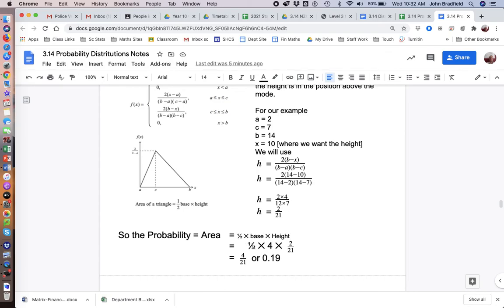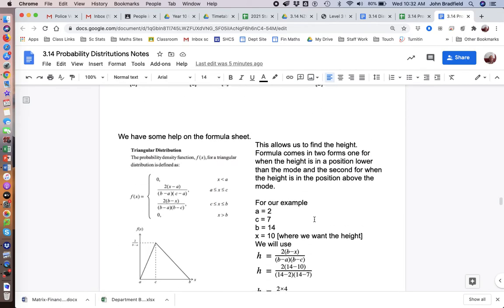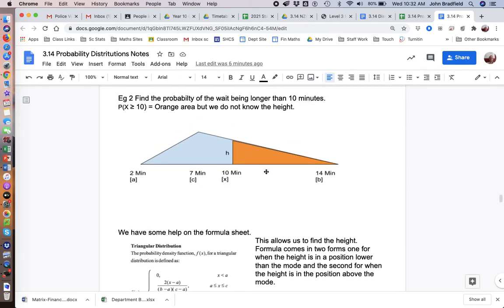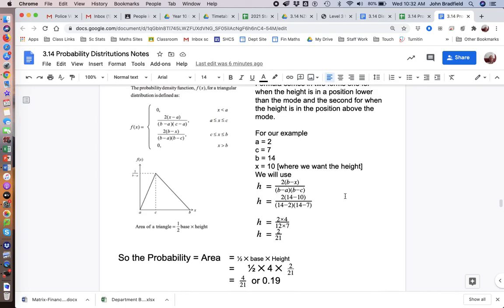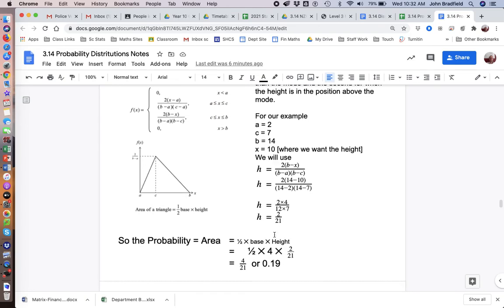Now, half is always half. The base in this case is the distance between 10 and 14, so that's just 4. And the height, we've gone to quite a bit of trouble to work out, 2 over 21. Multiply them all together, and we get the probability of the wait being longer than 10 minutes is 4 over 21, or 0.19. Or maybe you've gone, should have rounded a little less on that.